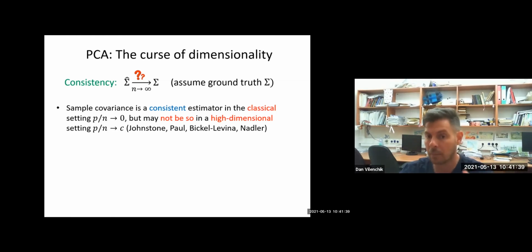Then, this is a CLT type result, as n grows to infinity, sufficiently large, you are good and you can compute the eigendecomposition of sigma hat. But in the high dimensional setting, which is the focus of this talk, when P and N are comparable, let's say the same, the eigenvectors of sigma hat are uncorrelated or have a very low correlation with the eigenvectors of sigma.